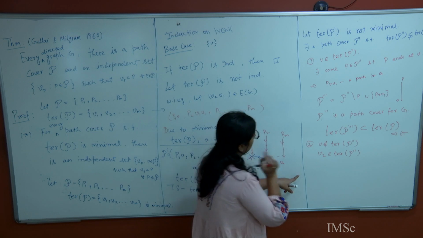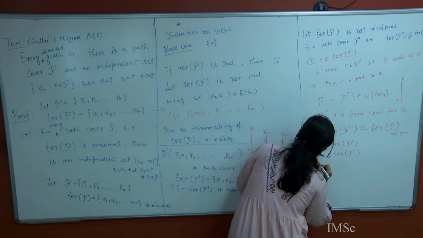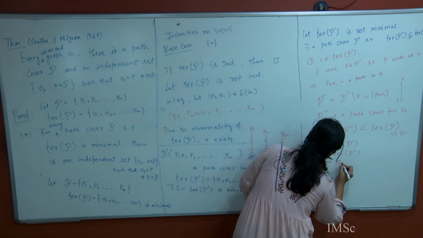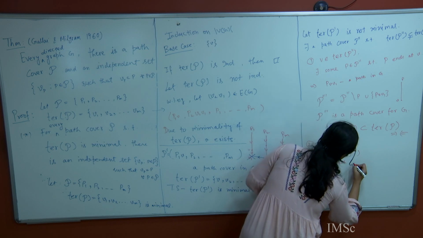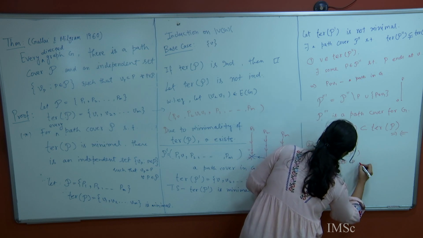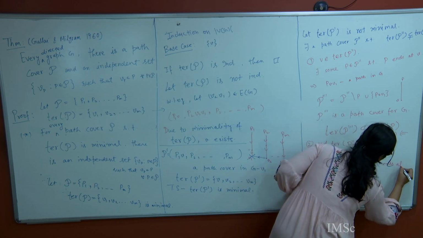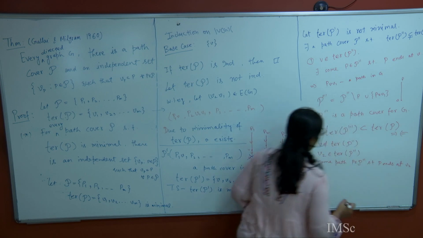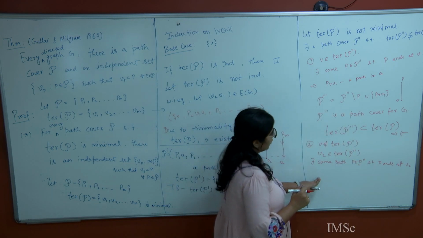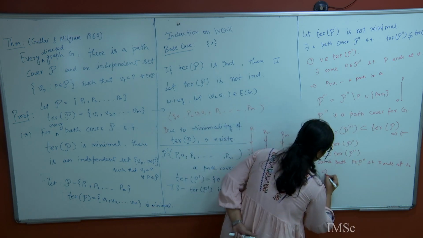So that means there exists some path P in P double prime such that P ends at V2. Again, what can we say?